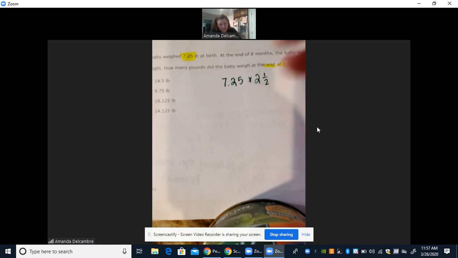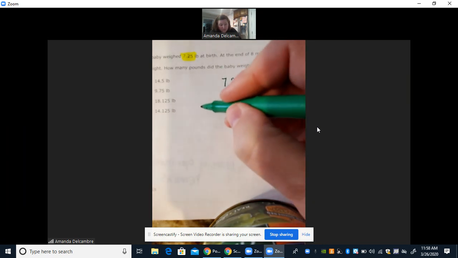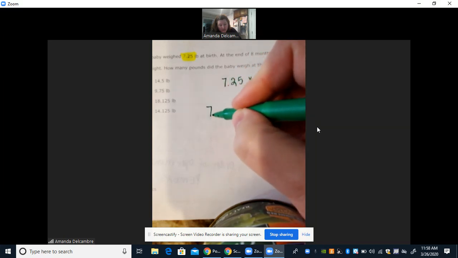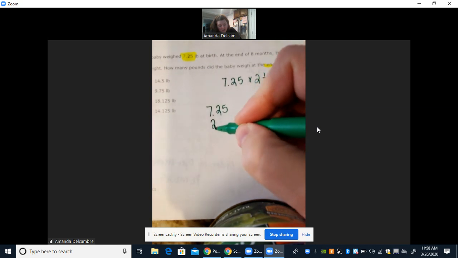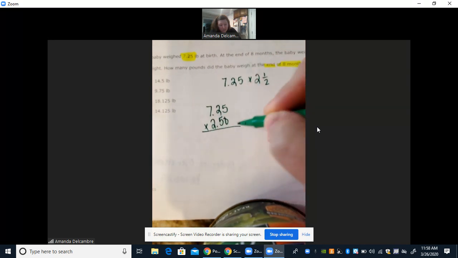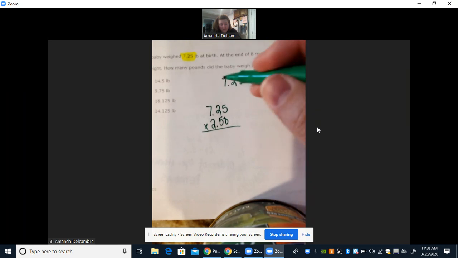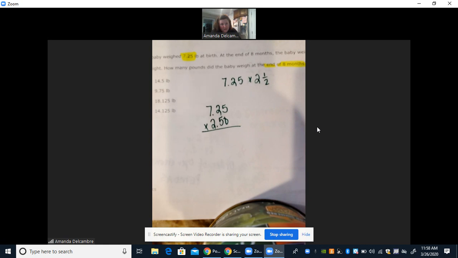So I have two choices. I can either change this into a decimal or change this into a fraction. So we'll do both and then you'll solve and figure out which one's easier for you. If I change 2.5 into a fraction, that's like $2.50. If I made the 1/4 into a decimal, 25 cents is worth 1/4, and I would write it like that, times 2 1/4.